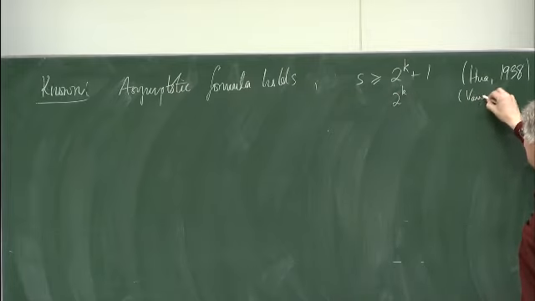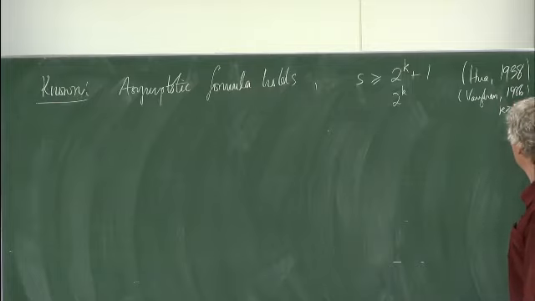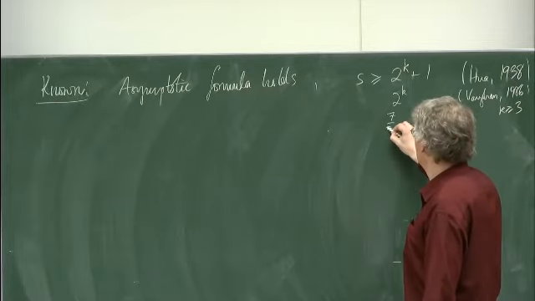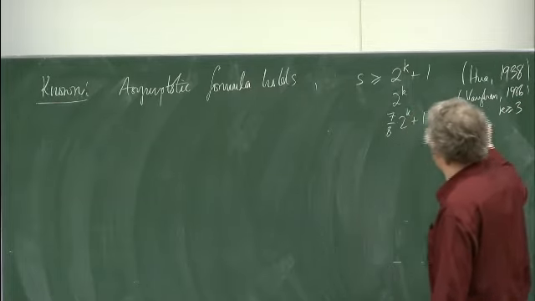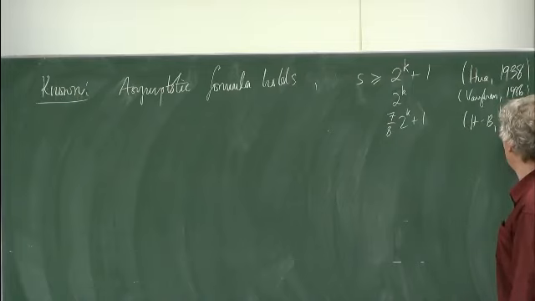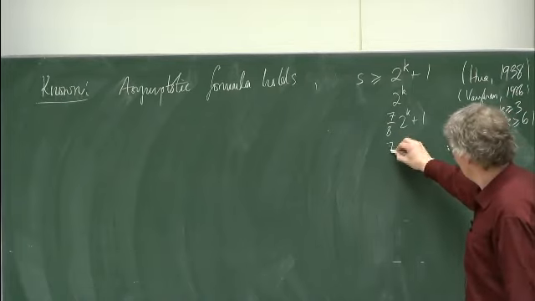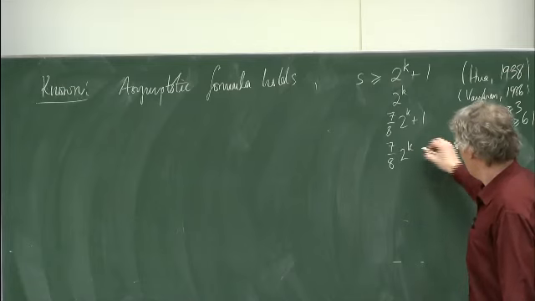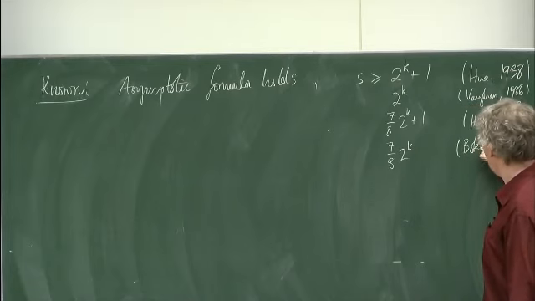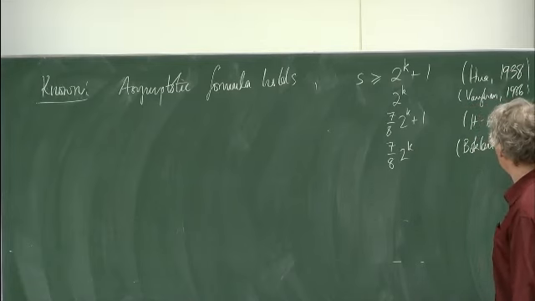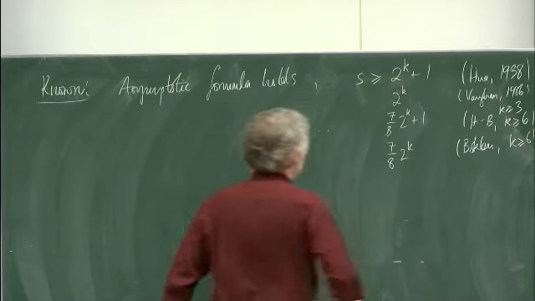So that's something that Vaughan did, at least if k is at least 3. And if you're Heath-Brown, then you do a bit better than that, but only if k is at least 6. And then Heath-Brown gets very irritated because somebody saves 4 plus 1. So people think about this problem.